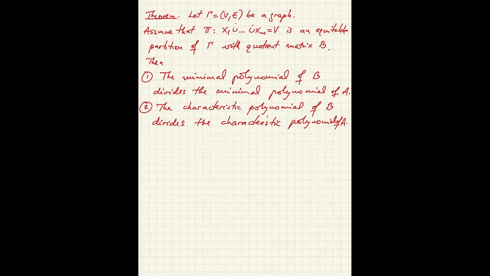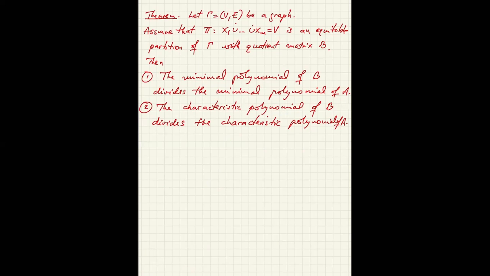This is used in spectral graph theory: you find an equitable partition, B is usually a smaller matrix whose eigenvalues you can find more easily, and by this theorem the eigenvalues of B will be eigenvalues of the big matrix.